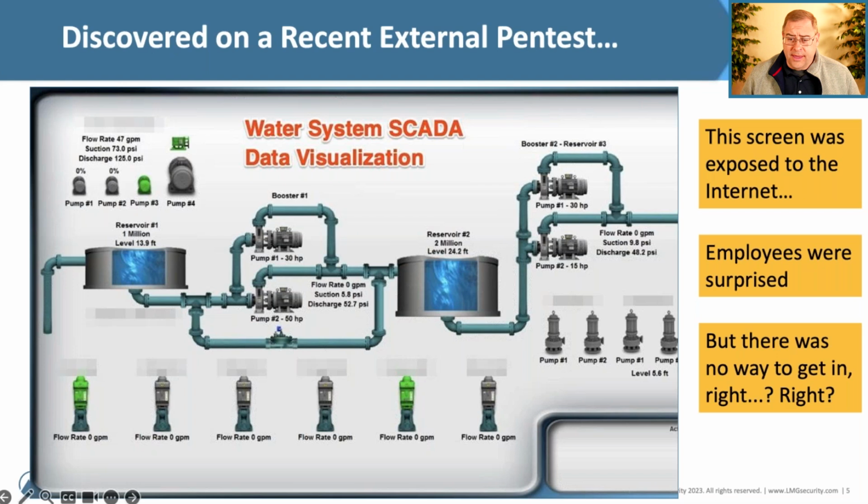This is another case where we did an external penetration test of a municipality, and we found that they had a SCADA interface exposed on the public internet. Their employees were surprised that it was out there in the way that it was.